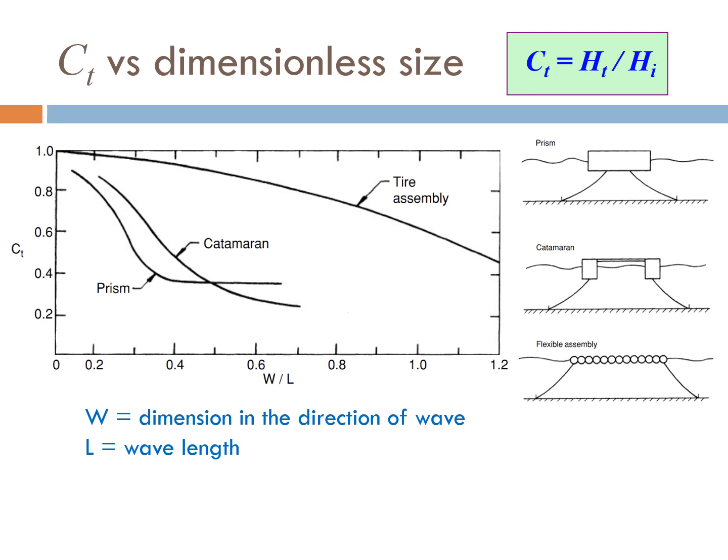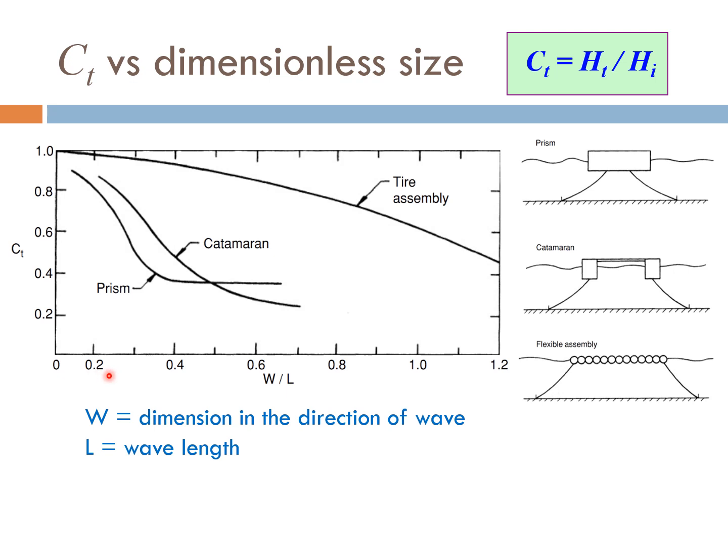So as we can see here, when the size of the floating breakwater becomes larger, W/L will be large. Whereas if the size is relatively small compared to the wavelength, then W/L will be small.